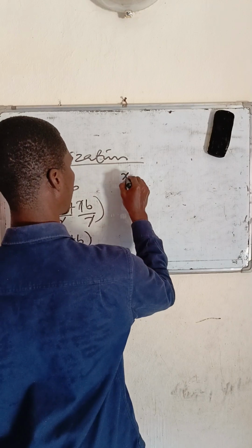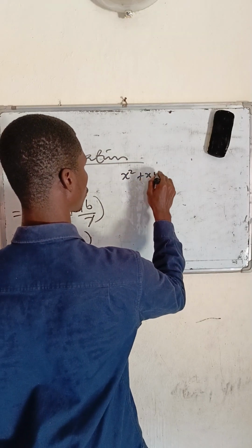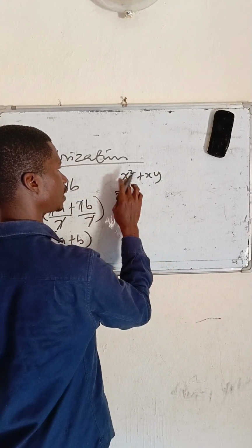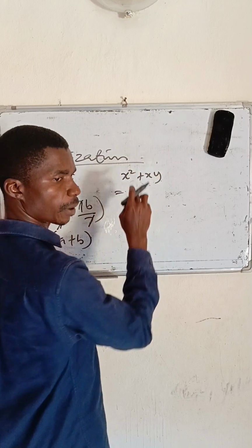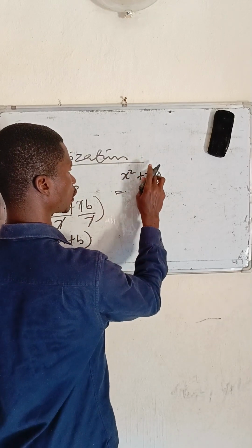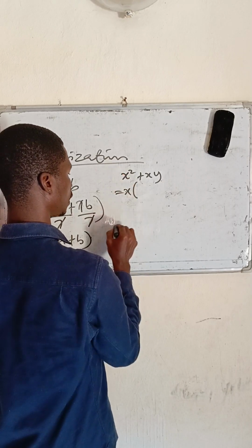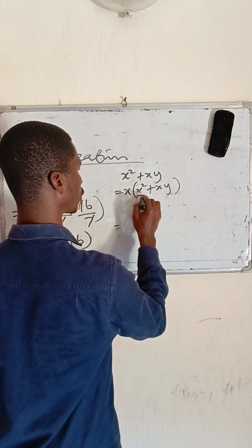So if I have s squared plus xy, how do we factorize this now? Simple. X is here, it has to be raised to power 2. This is raised to power 1. So what do? Take the one with the lowest power. So it becomes ordinary x. This divided by this. Okay, let me do it. S squared plus xy divided by the common factor.